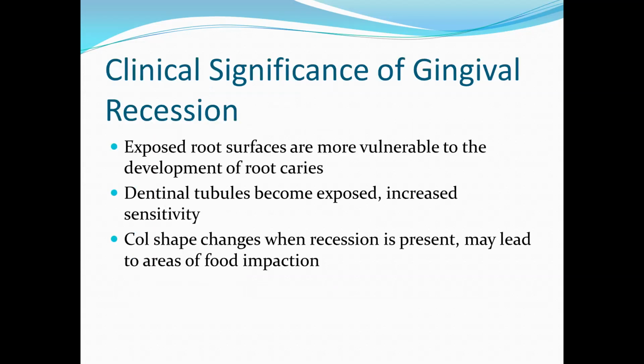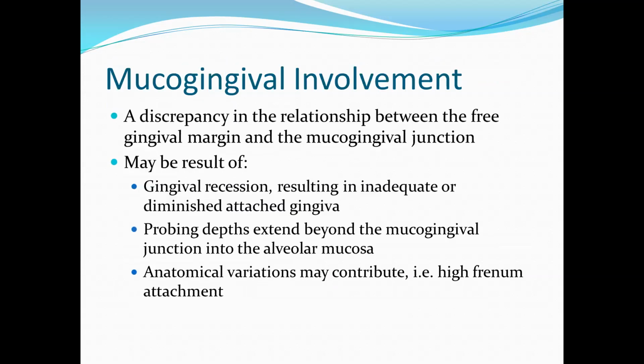Gingival recession exposes newly exposed root surfaces, which can make it hypersensitive, which can make it more susceptible to root surface decay. Remember that critical pH for root surface is almost neutral. What is it? 6.5, 6.7, something like that. You're looking at mucogingival involvement.